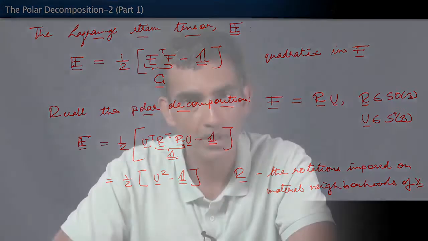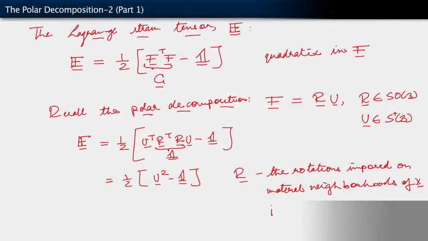So we have a neighborhood around a reference position X, and that neighborhood, as we saw at the end of the last segment, fundamentally does undergo rotation under the deformation, right? But that effect of the rotation has been mathematically exactly cancelled out in our definition of the strain here. So the rotations imposed on material neighborhoods of X play no role in E.